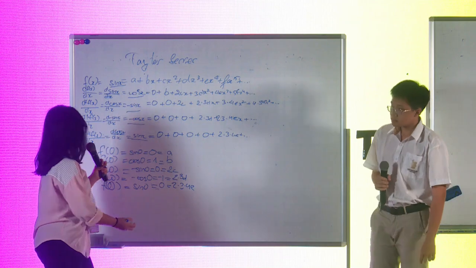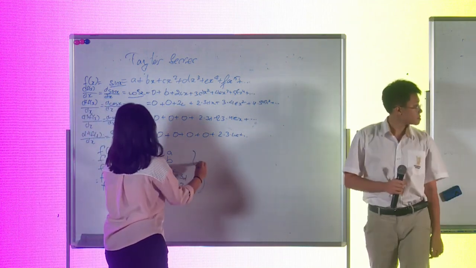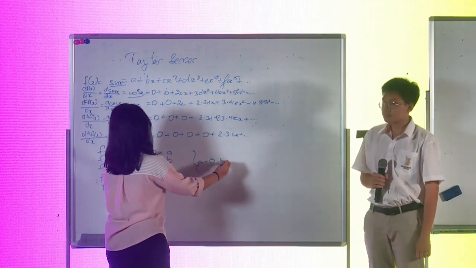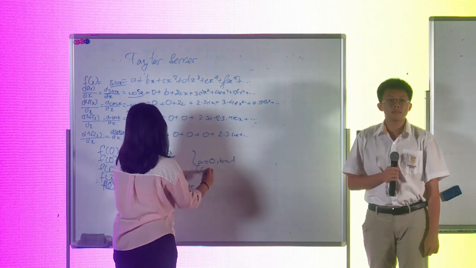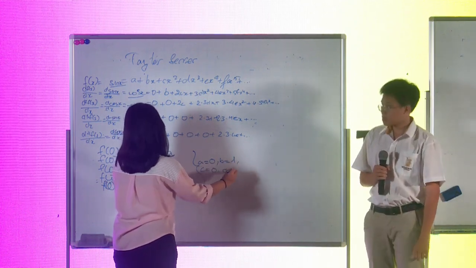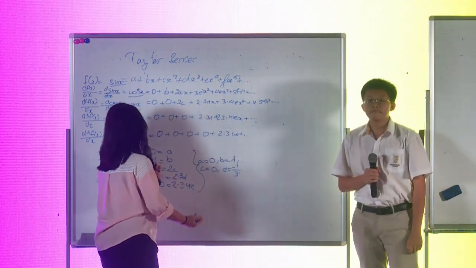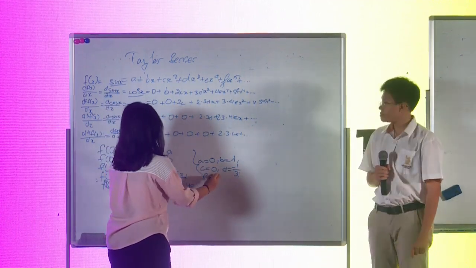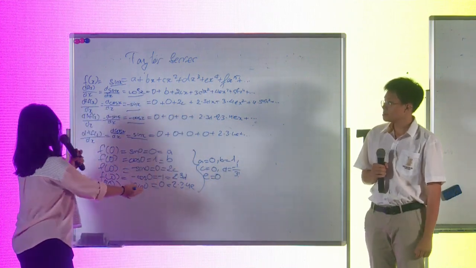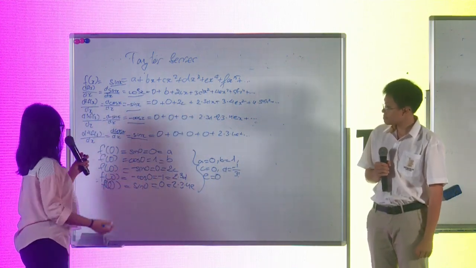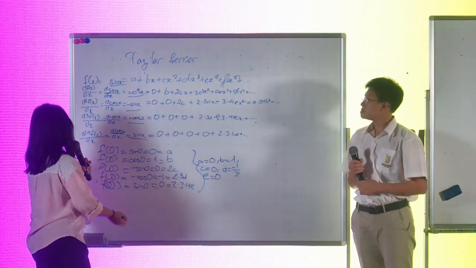So from this, we can conclude that a will be equal to 0, b will be equal to 1, c will be equal to 0, d will be equal to minus 1 over 3 factorial, which is 2 times 3, and e will be equal to 0. Now we will plug these back into sine of x and cosine of x to find the series.